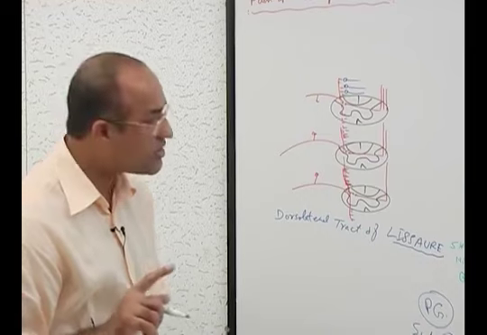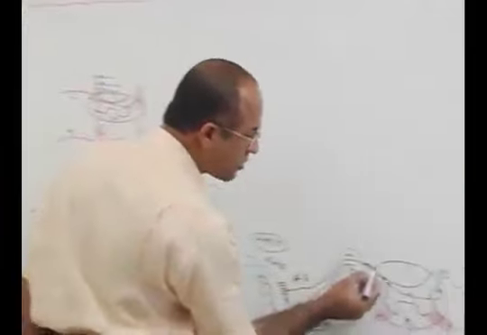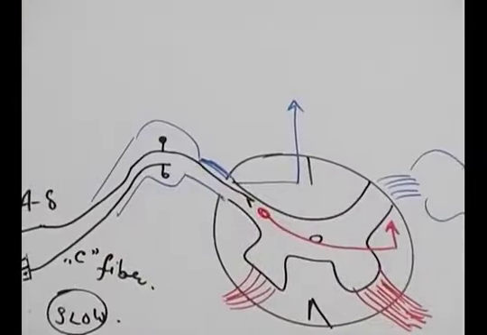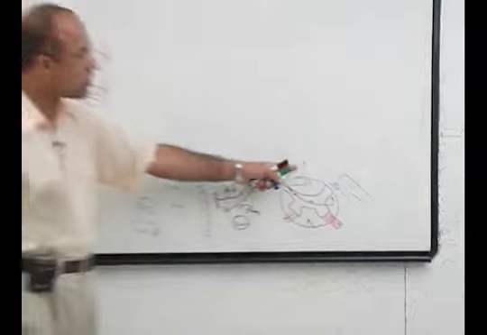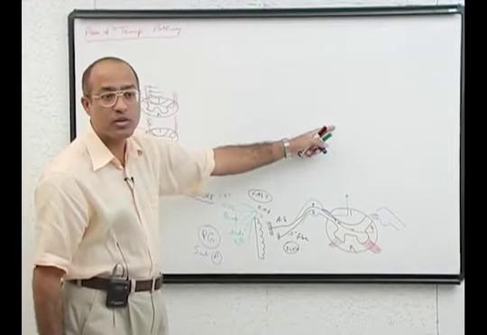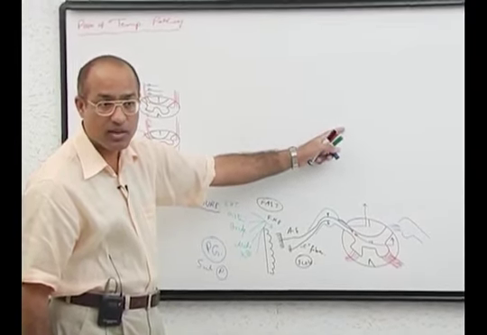Is that right? Again, this is different from dorsal system. In dorsal system, you remember the fibers used to go medially and then go upward. And first order neurons, central processes were going up to nucleus gracilis or cuneatus. Is that right?